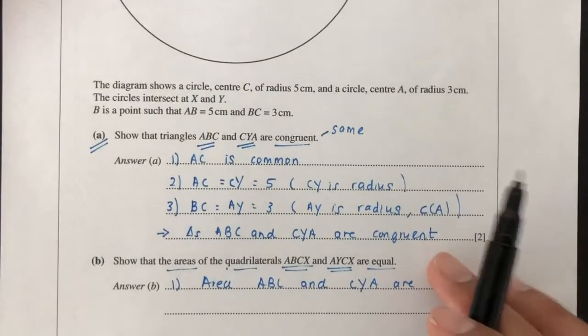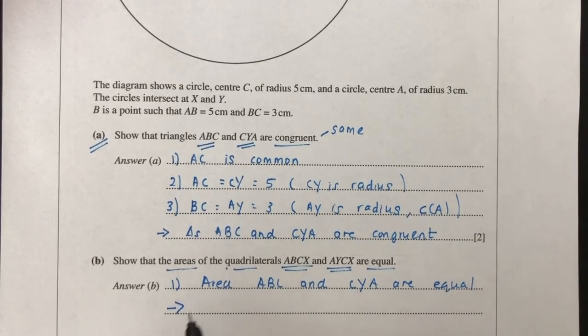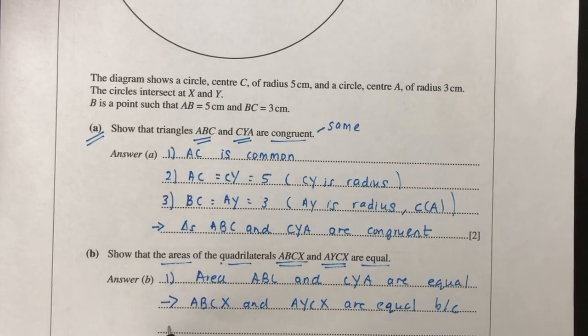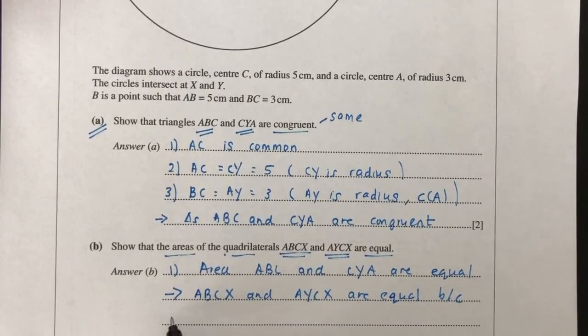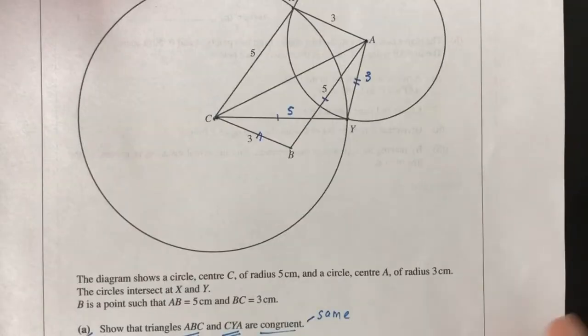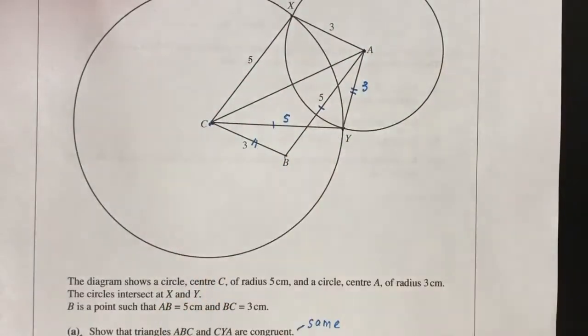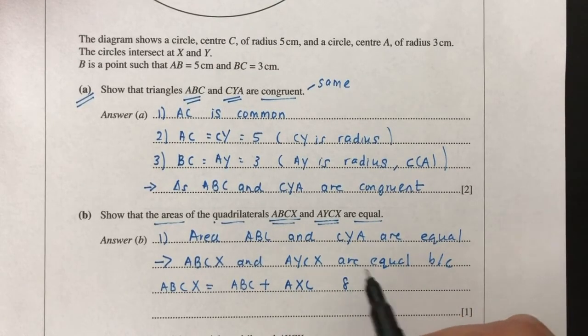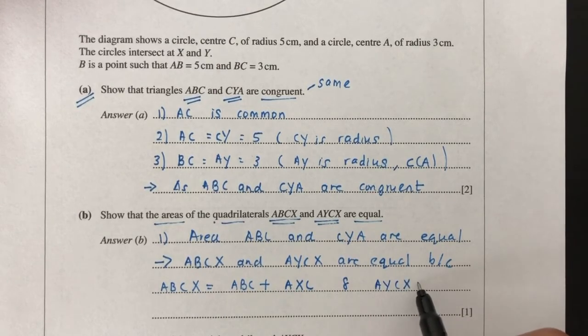So you will write, from this we conclude that the areas of ABCX and AYCX are equal, because to obtain this area, we just have to add ABC plus AXC, and to obtain this area AYCX, it is equal to CYA plus AXC.